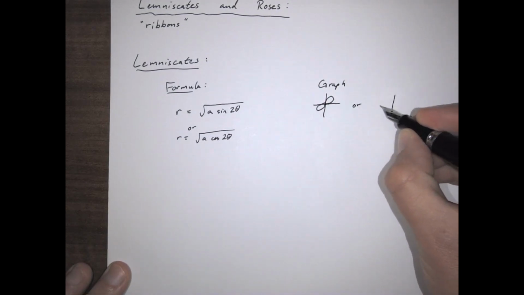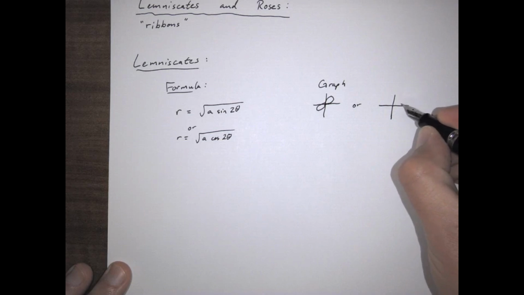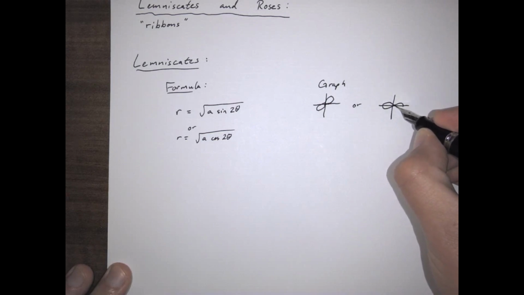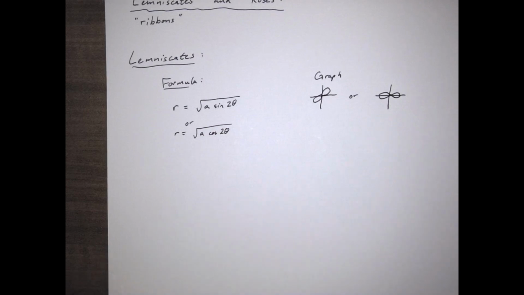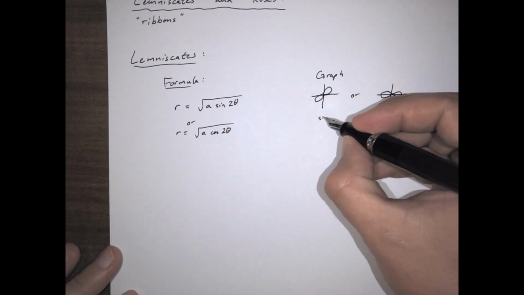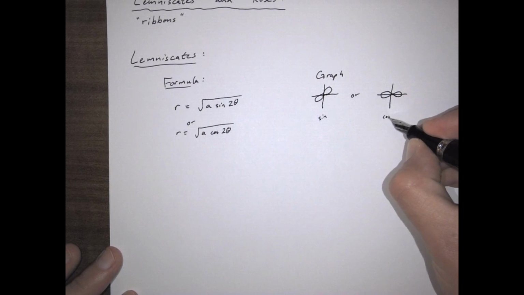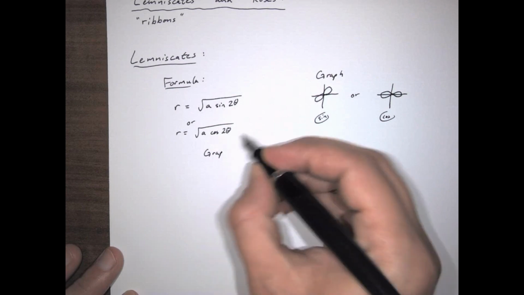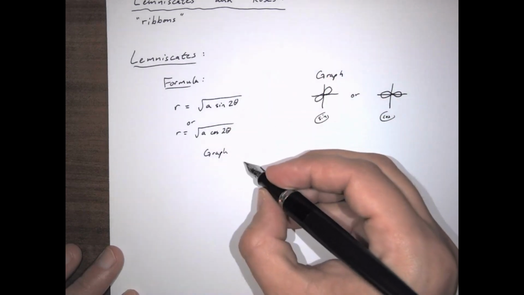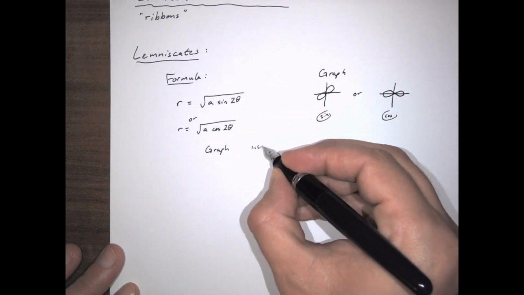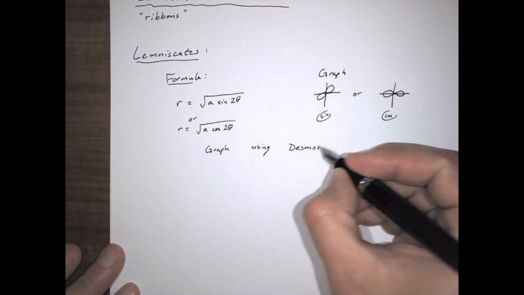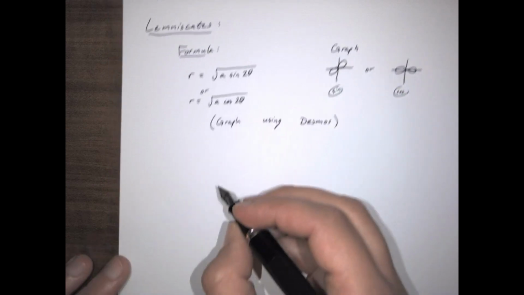Or something like that. And this is for sine specifically, and this is for cosine. And we'll graph it. It's a little bit tricky to graph these because their formula is more complicated than usual. So we'll graph using Desmos. I'll show you how to do that in just a second.